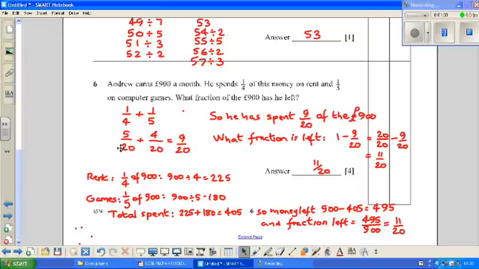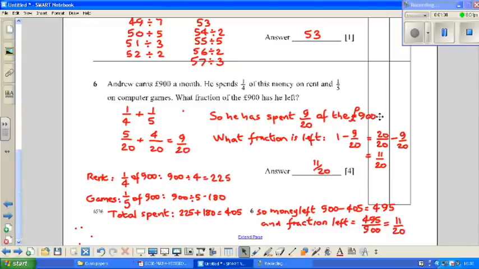So 1 quarter is equivalent to 5/20. 1/5, we've multiplied the 5 by 4 to turn it into 20, so we multiply the top by 4. So 1/5 is equivalent to 4/20. Now that we've got them the same, we can add the two top numbers together. So 5/20 plus 4/20 is 9/20.